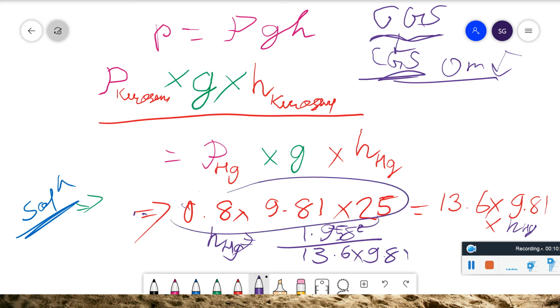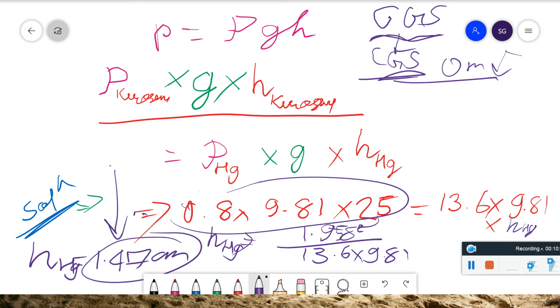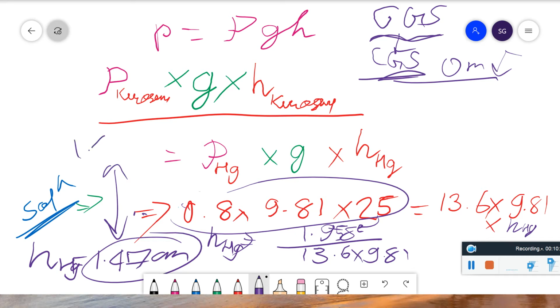So h of Hg comes out to be 1.47 centimeter. Okay, we got the answer in centimeter. As you know, it's very easy. In centimeter we have to just do one thing: 1.47 divided by 100.